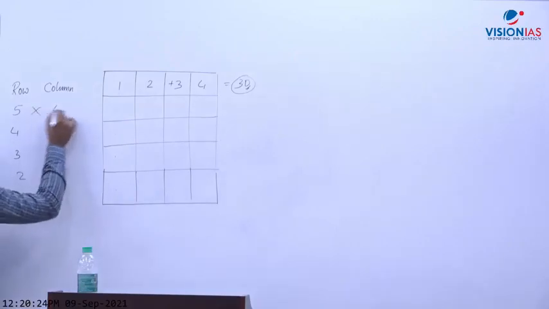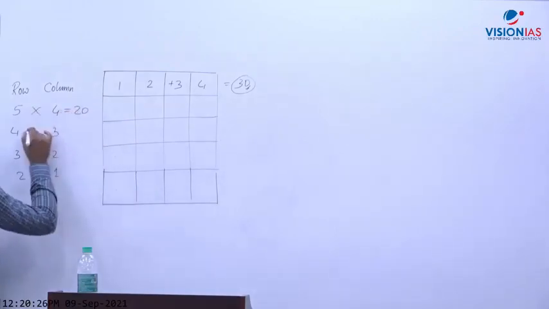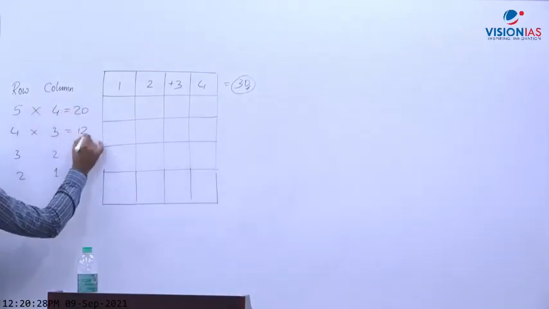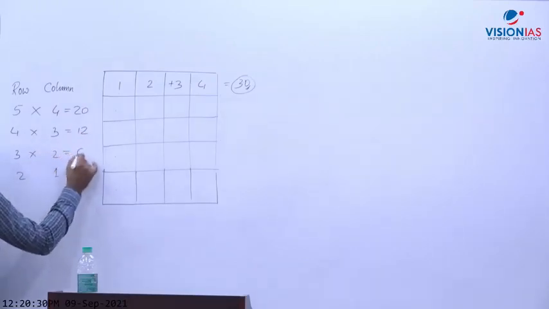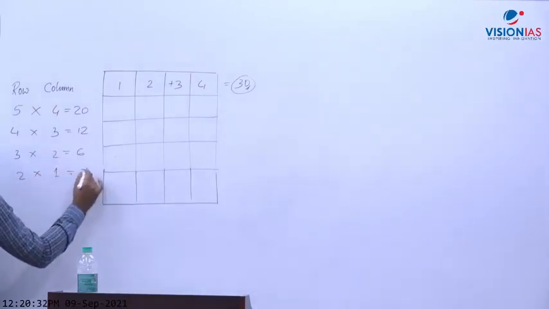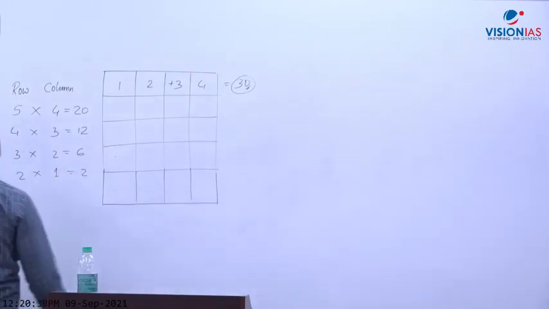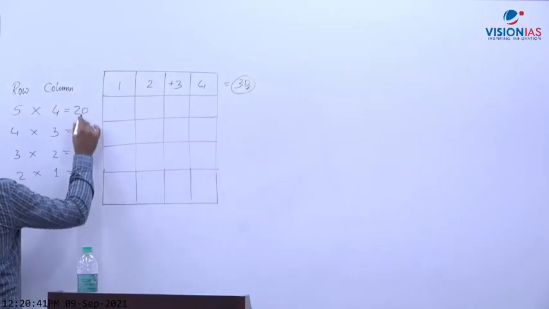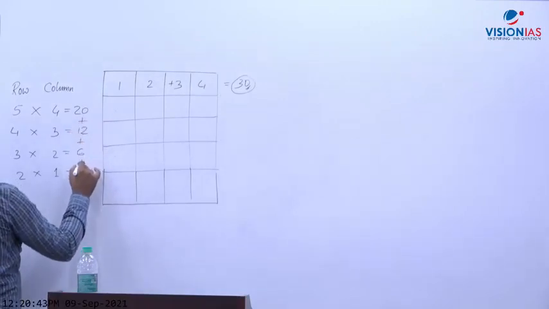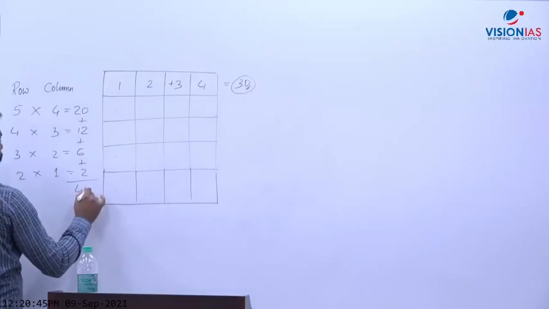Now 5 fours are 20, 4 threes are 12, 3 twos are 6, and 2 ones are 2. Now what we will do? We will add all the values. 20 plus 12, 32 plus 6, 38 plus 2, 40.